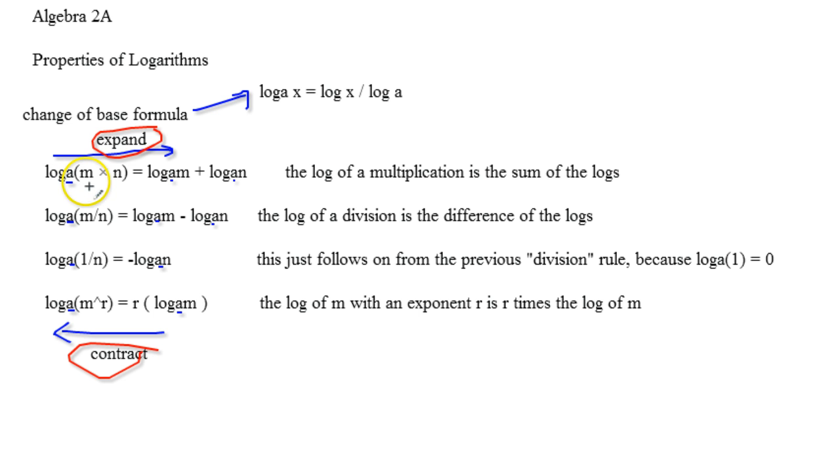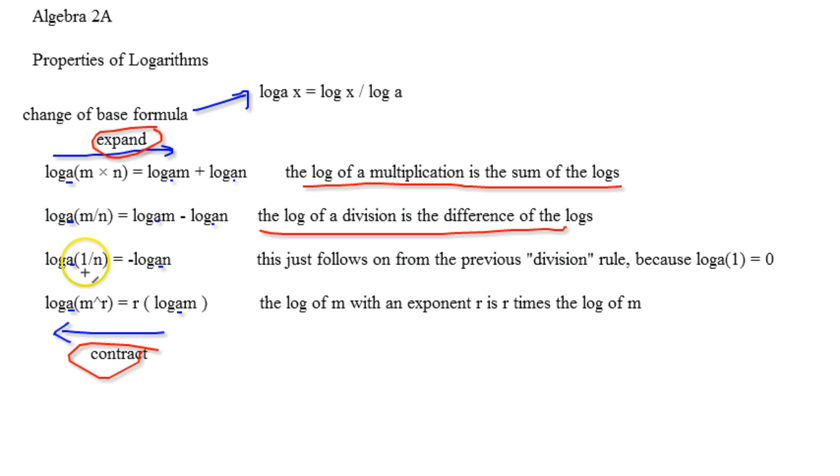Log base a of m times n is log base a of m plus log base a of n. And so the log of the multiplication is the sum of the logs. Simple as that. Log base a of m divided by n is equal to log base a of m minus log base a of n. The log of a division is the difference of the logs.